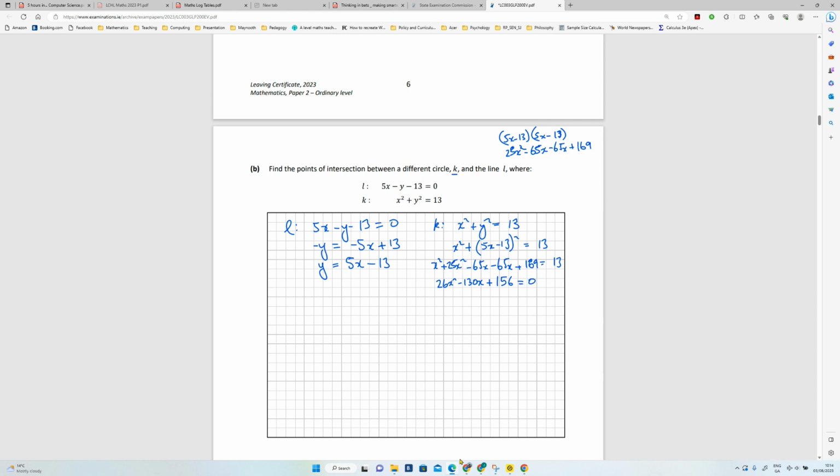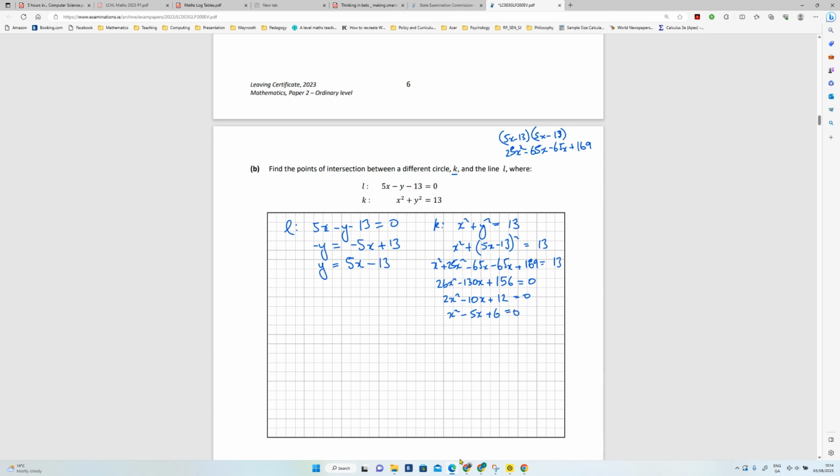Okay, so it looks like I can divide that by 13. So that's 2x squared minus 10x, and 12 13s is 156, so that's plus 12 equals 0. I can halve this, so that's x squared minus 5x plus 6 equals 0.